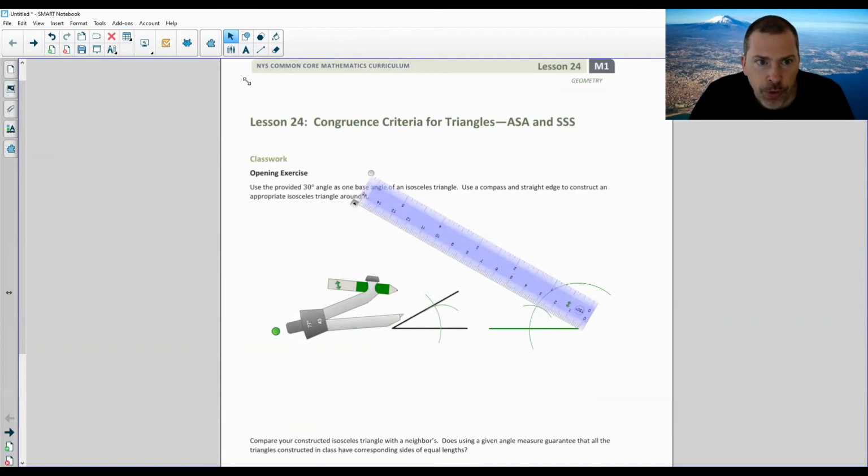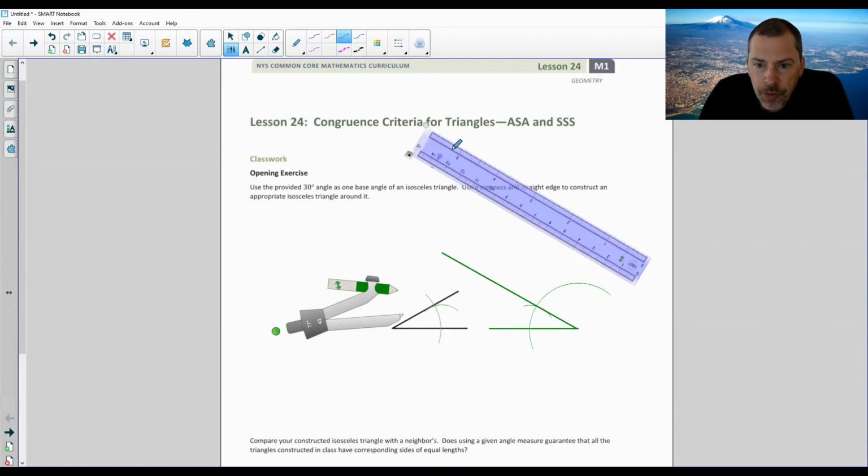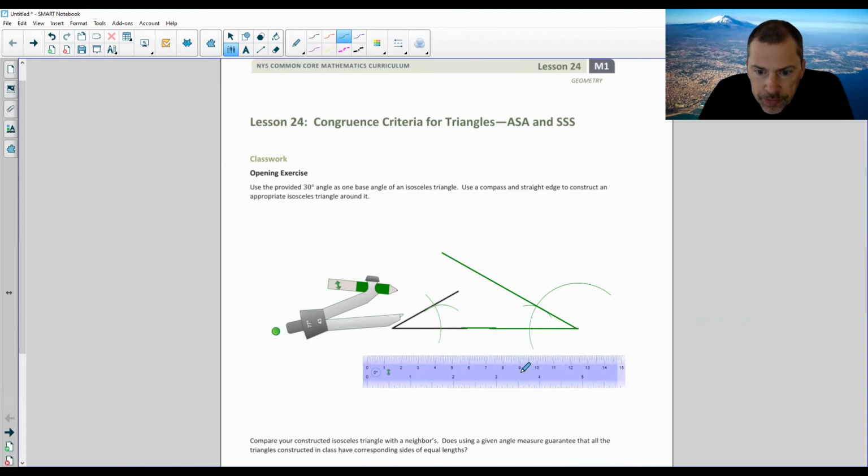And then I'm going to draw a line segment from here up. And I went beyond like so. So now what I want to do is rotate my straight edge, bring it back over here, and connect these right there.